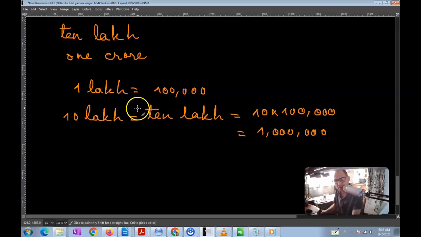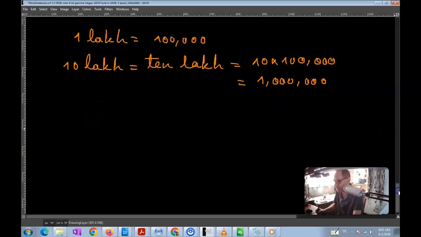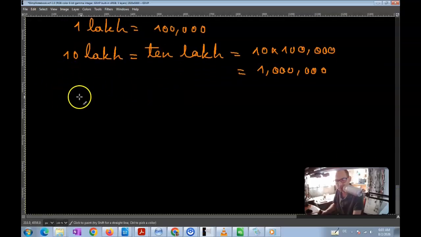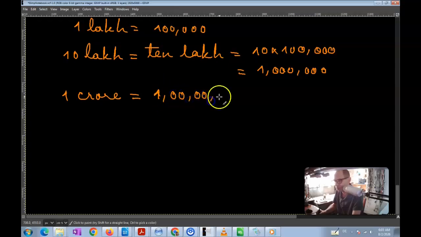Now the number 1 crore is 10 times 10 lakh, or 10 million. In the Indian system you would write it as 1, comma, the separator, which is of course only in the Indian system, 1,00,00,000.